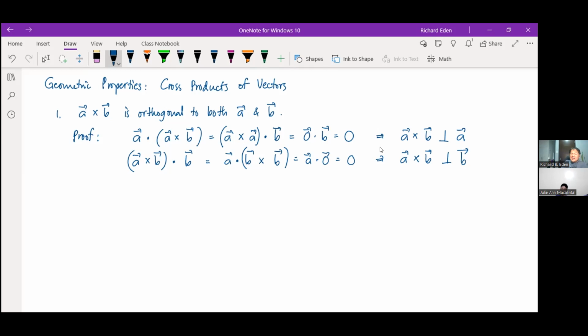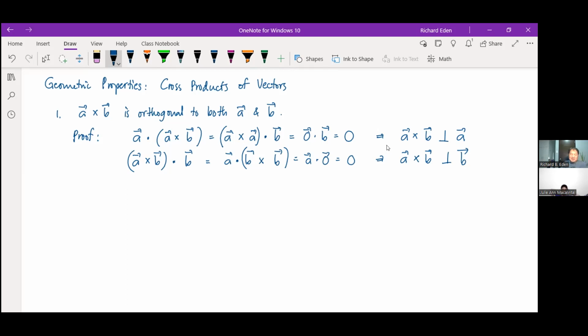I am assuming this property was pointed out but not proven. Did your teacher prove that A cross B is orthogonal to both A and B? The why wasn't explained, but it makes sense, since it's orthogonal to the plane of the two vectors. Okay, so that's what the cross product does.